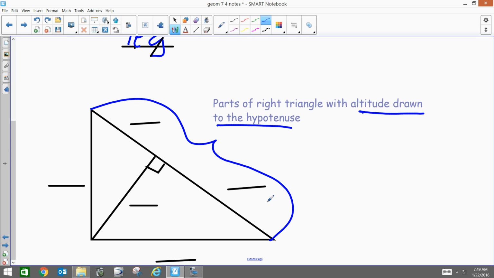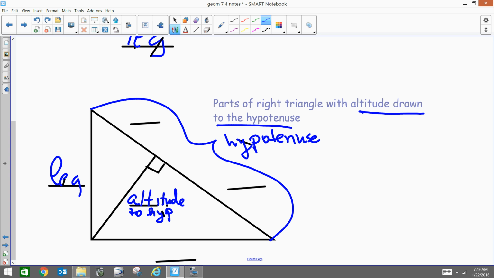This is still the hypotenuse, the whole thing. Okay, this is the altitude drawn to the hypotenuse. We'll just call it the altitude.